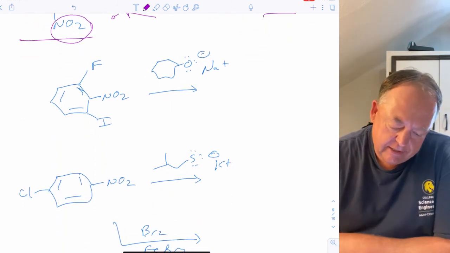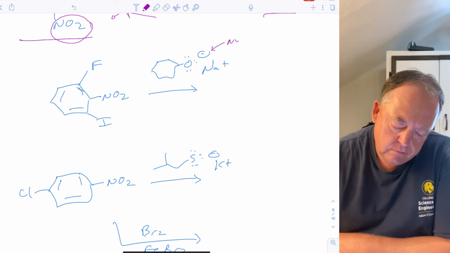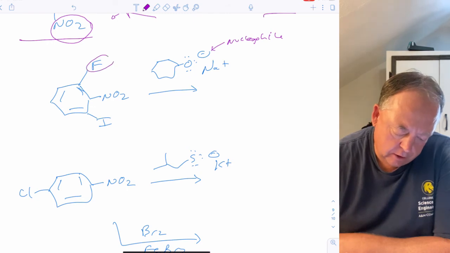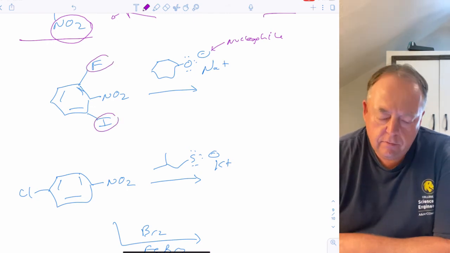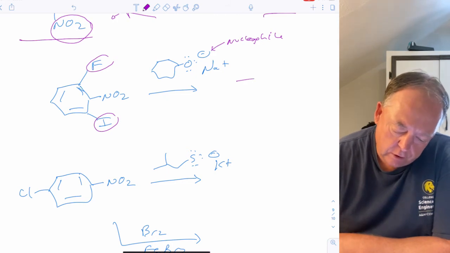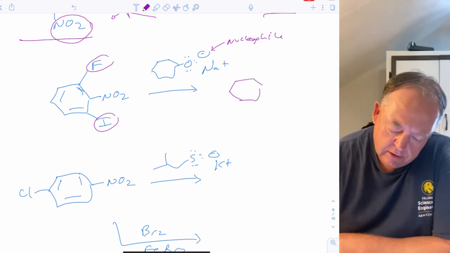Okay, and in this case, again, that's a nucleophile. So this is a nucleophilic aromatic substitution, and we made the point earlier about our leaving group, fluorine or iodine. Fluorine is the better one here, so this is going to substitute off the fluorine preferentially and not the iodine.